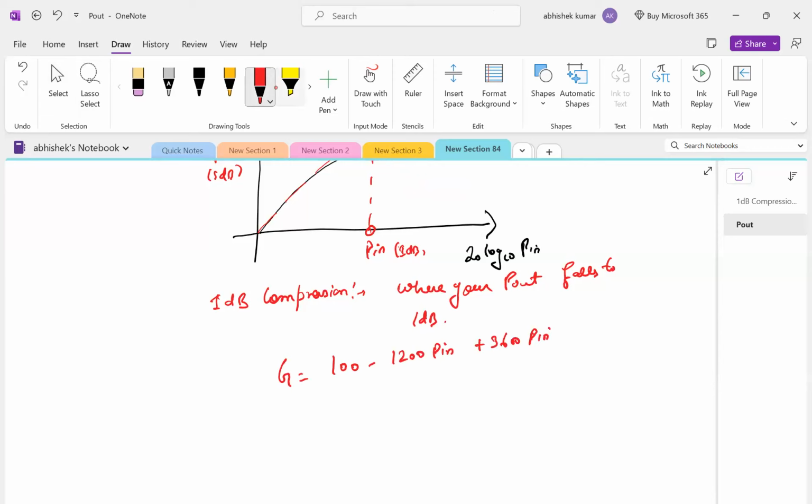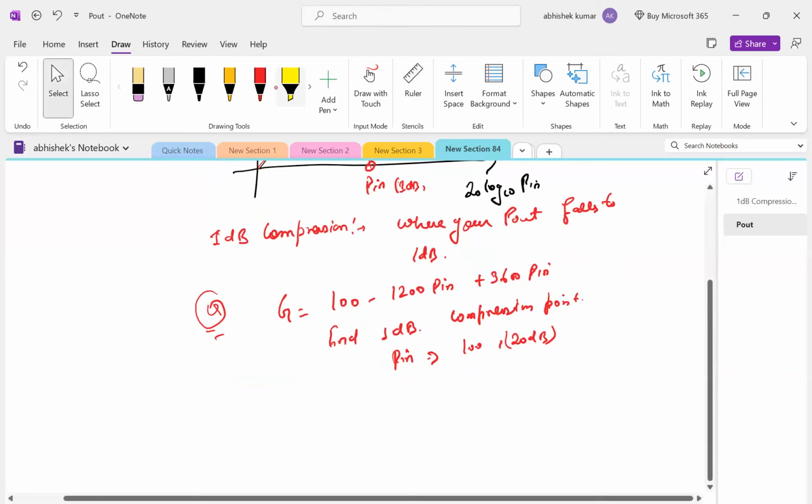Now they asked you to find the 1 dB compression point when your P input is 100, or 20 dB. 100 is equal to 20 dB. So how will you find this 1 dB compression point? Are you getting it or not?